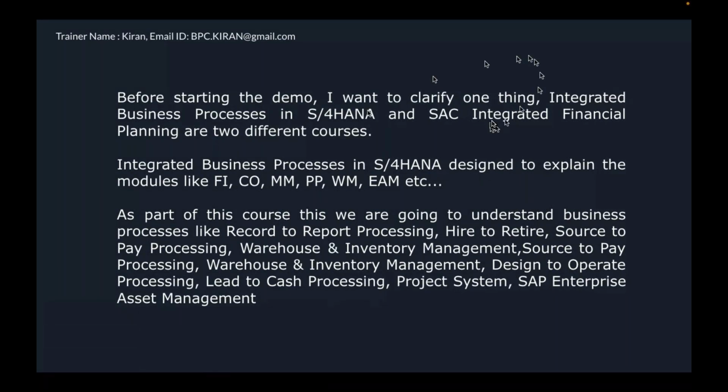Now, integrated business processes in SAP S/4HANA basically talks about actual processes in S/4HANA. For example, in integrated financial planning, you have cost center expenses. There you estimate operational expenses, plan the activity types, and calculate the activity prices for the planned years.